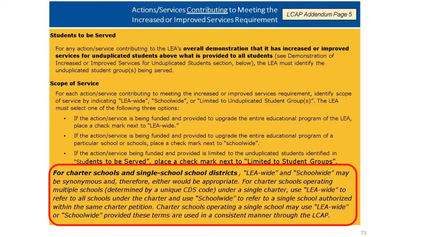Keep in mind that any action contributing to the increased or improved requirement that is provided charter-wide must be justified later in the plan to show how it is principally directed to the unduplicated pupil group. The same instructions apply to charters for location of services as noted in the previous slide.